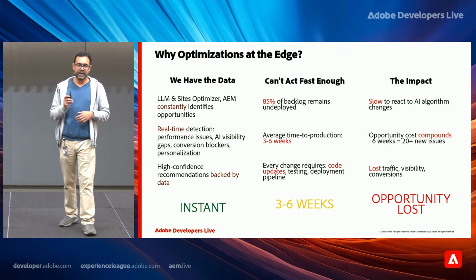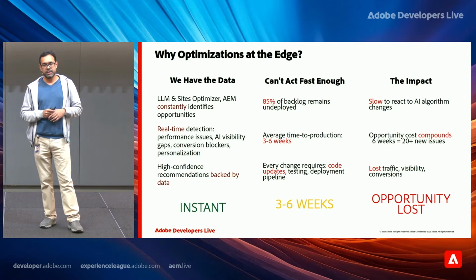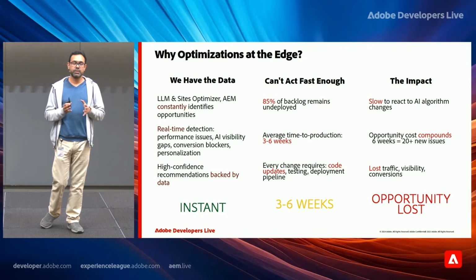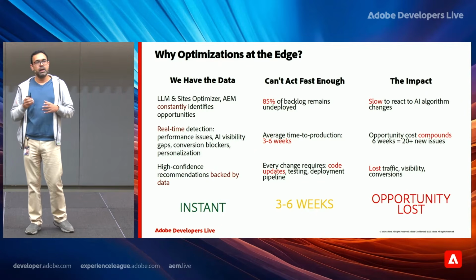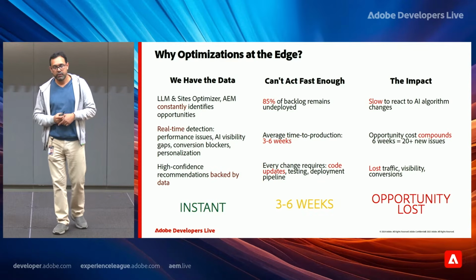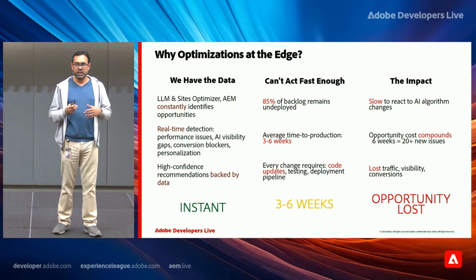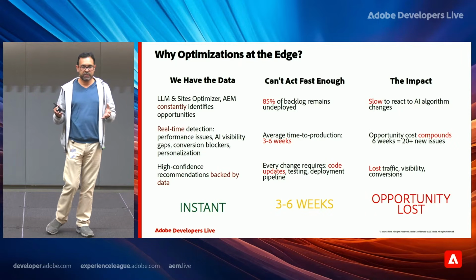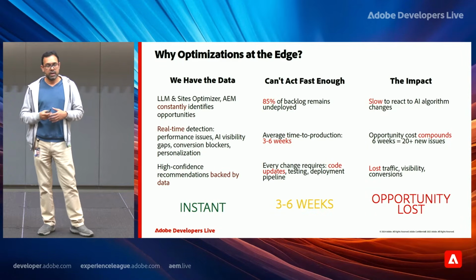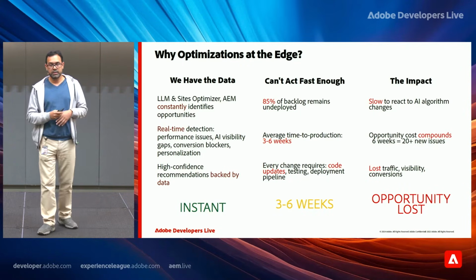And now let me explain the problem in detail. It has three parts. We detect issues instantly, we deploy the fixes slowly, and as a result, we lose opportunities. So see, Adobe has many platforms, like LLM Optimizer and Sites Optimizer.